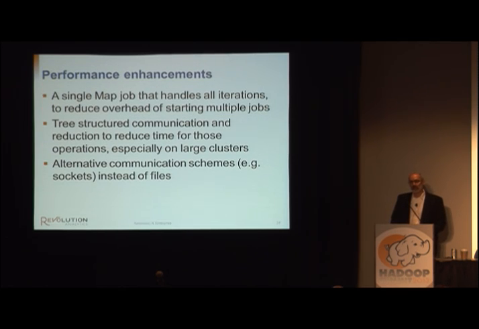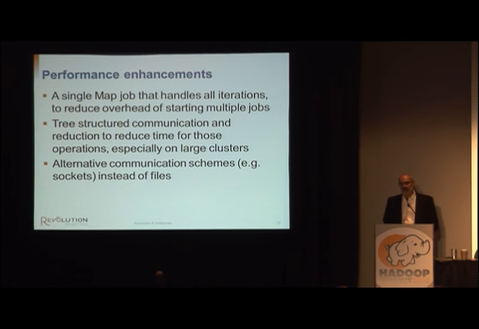Some performance enhancements that we're working on have been inspired by some of the very successful research projects to scale machine learning to thousands of nodes. And we're looking at using a single map job that'll handle all iterations. So this would reduce the overhead you have in Hadoop of starting each individual Hadoop job.